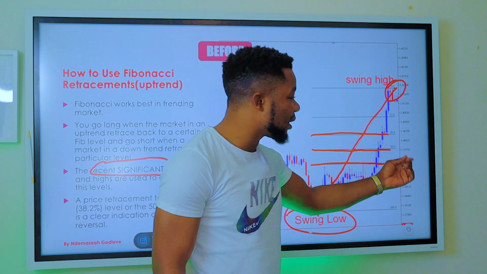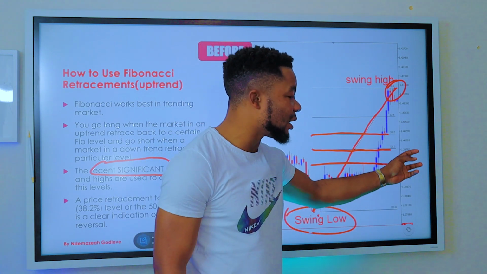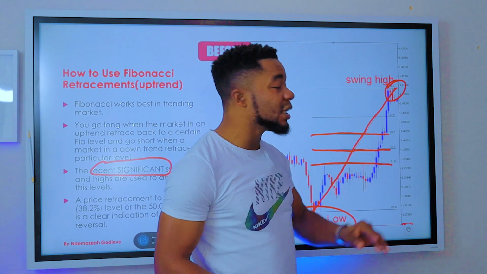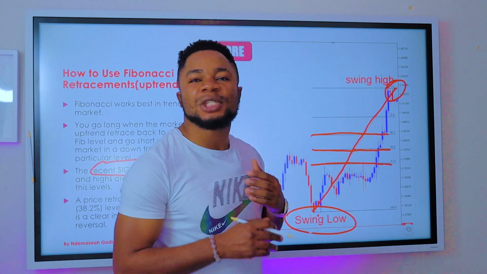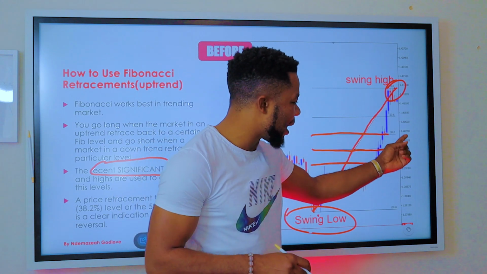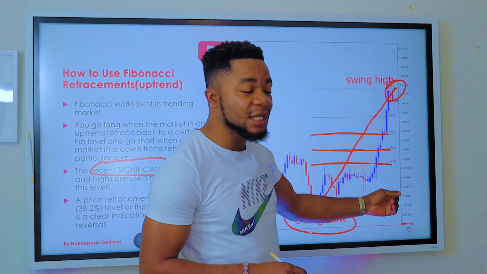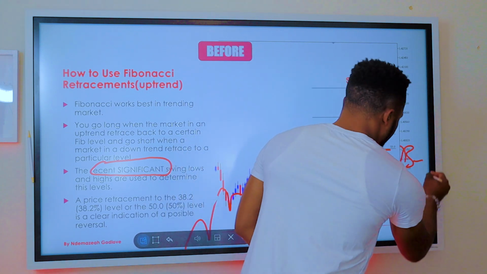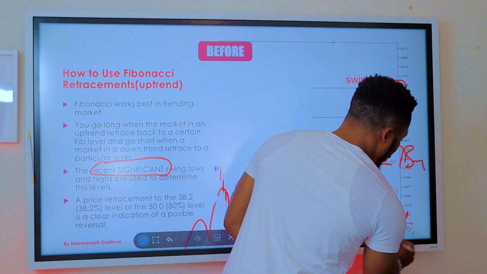So if the market gets to the 38.2, you buy; 50%, you buy; 61.8%, you buy. So once you've put the tool on your chart, you just sit and wait and watch. If the market retraces and gets back to any of these levels, then you can buy at this level, and your stop loss will go down here at 100%.